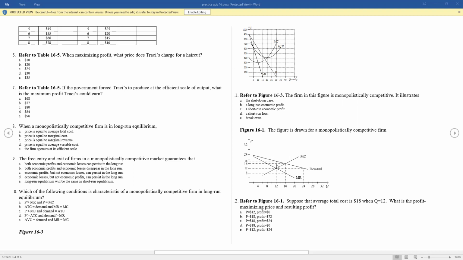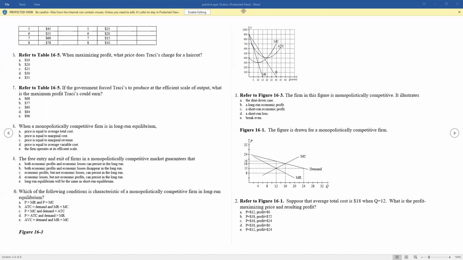So if the average total cost is 18, at Q of 12, which happens to be the profit-maximizing quantity where MC equals MR, the total cost is 18 times 12, and the total revenue is also 18 times 12. So the answer here is D, as in dogwood. The price equals 18 and the profit is 0, because price is the same as the average total cost.